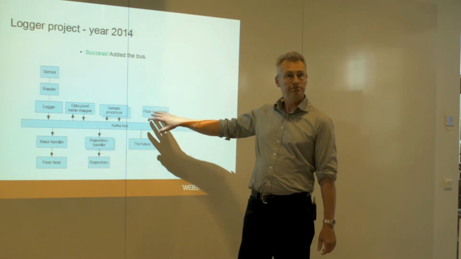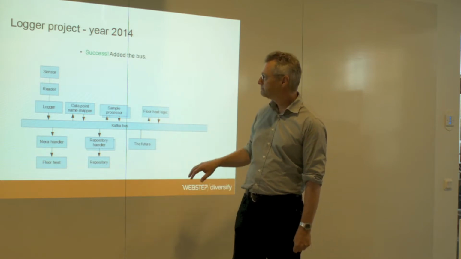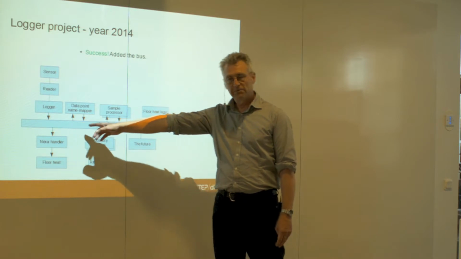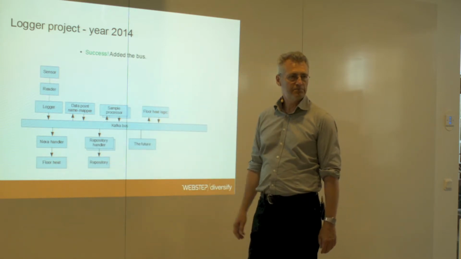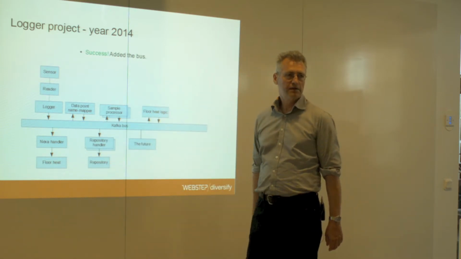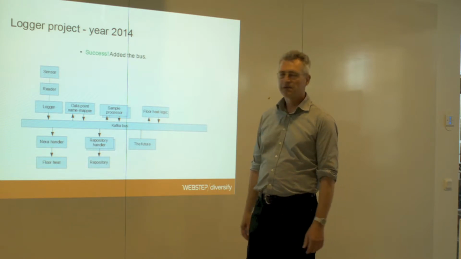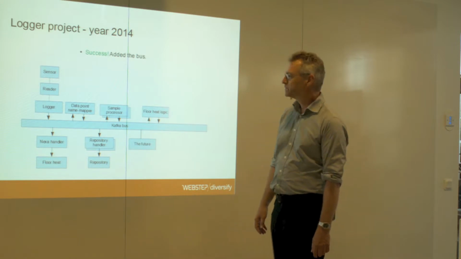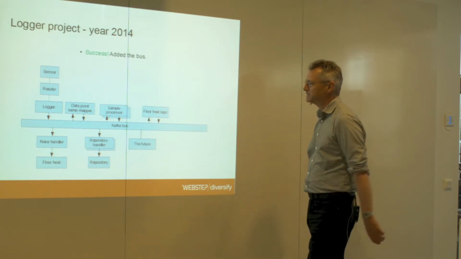My floor heat logic fits nicely here. It's listening to the temperature readings coming on the bus, and when it's the right temperature and it's Sunday morning and it's dark outside, then I need a warm kitchen floor. So it switches on at 4 o'clock in the morning.